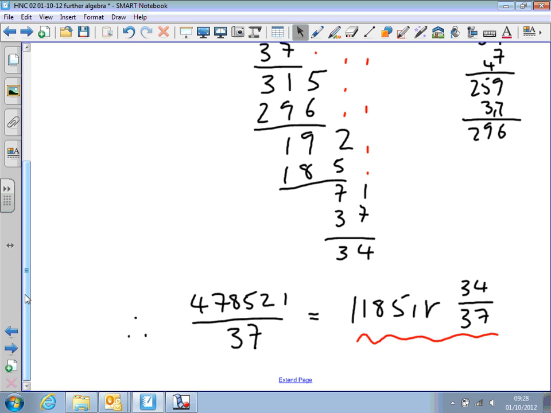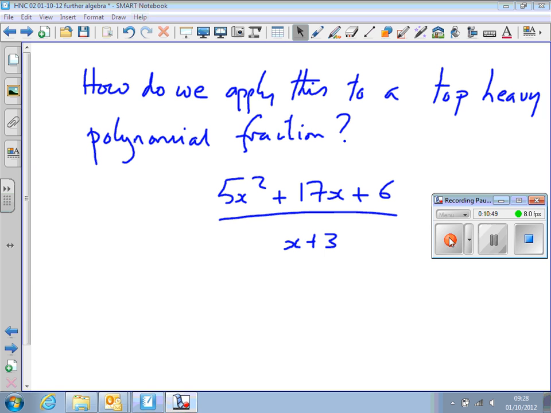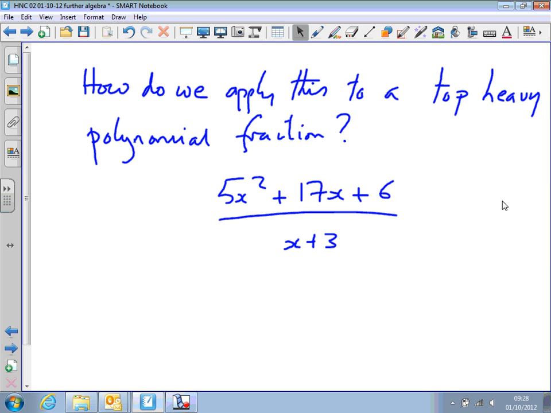Right, just look at it for a sec. Any questions? Okay, let's try applying this to a top-heavy polynomial fraction. Polynomial fraction, I always struggle with that word, okay? So, what we do is, the top number is the dividend, the bottom number is the divisor.